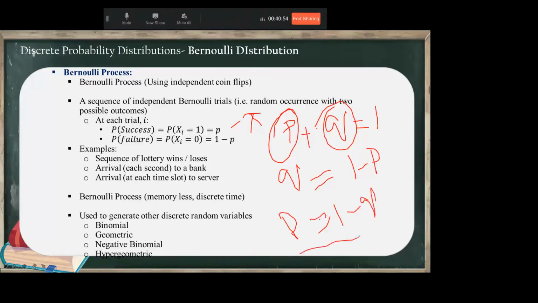I write it this way because when we go to the binomial, we will need p and q. So q is the probability of failure and p is the probability of success. When we have only two outcomes, 1 and 0, that's known as a Bernoulli process.